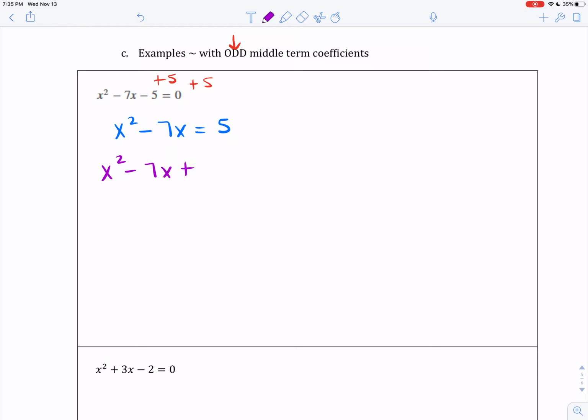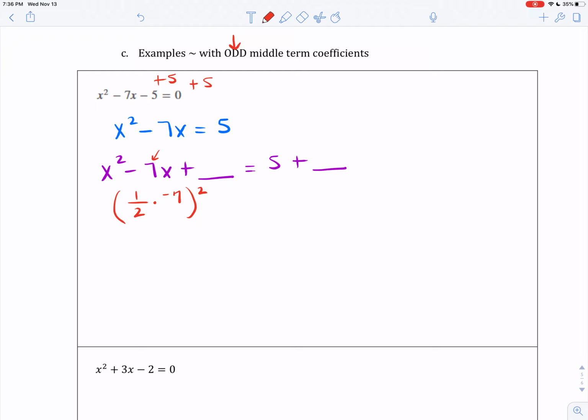So I'm going to add something to both sides that will complete the square. All right, now we know what we need to add is 1/2 of the b term. Now the b term in this case is negative 7, and that needs to be squared.